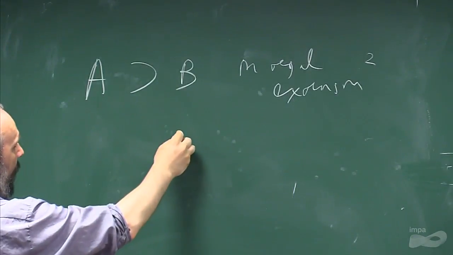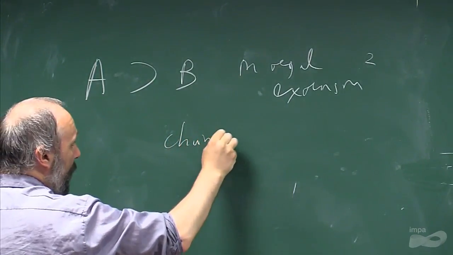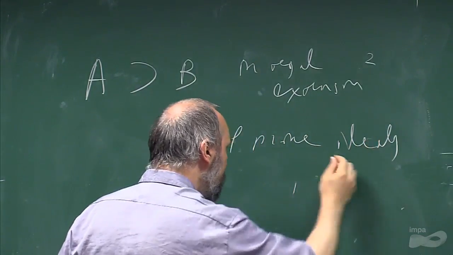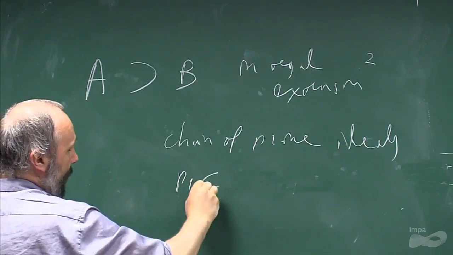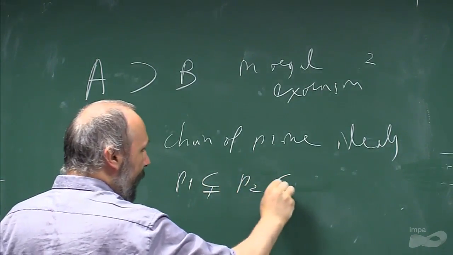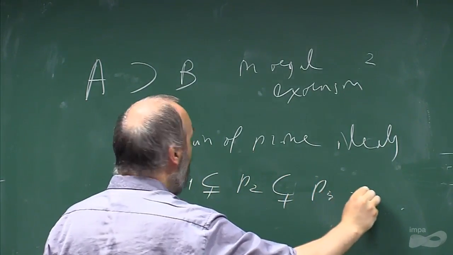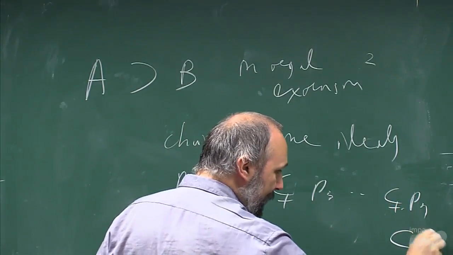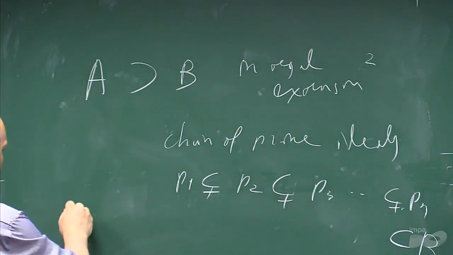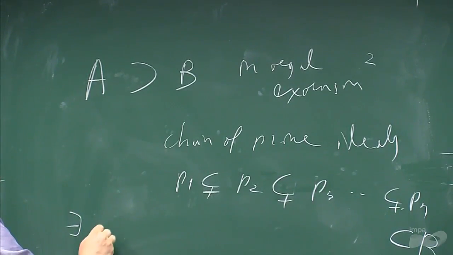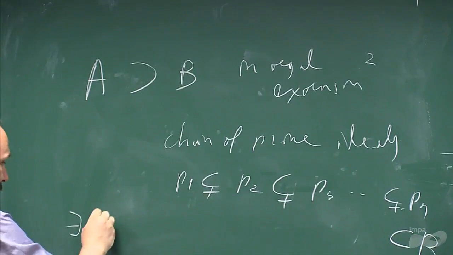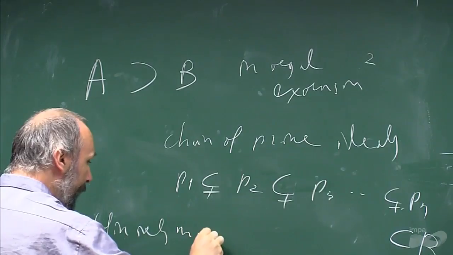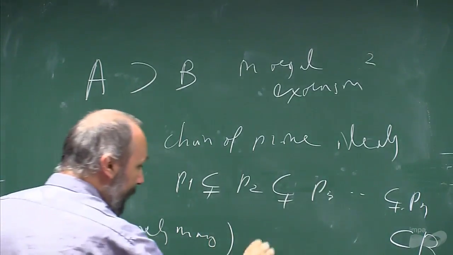Then you can take a chain of prime ideals P1 strictly containing P2, strictly containing P3, and so on, Pn, everything inside B. Then there exists, and there are finitely many of them, finitely many prime ideals.